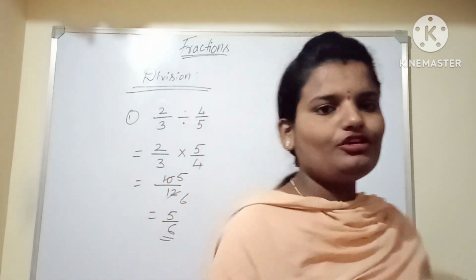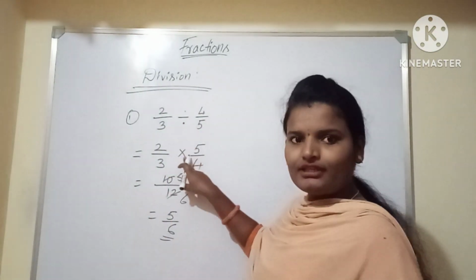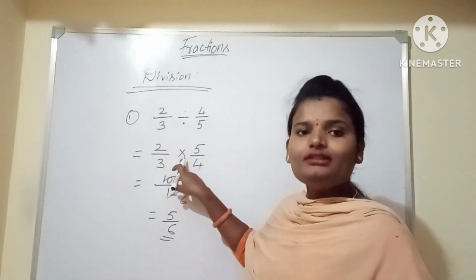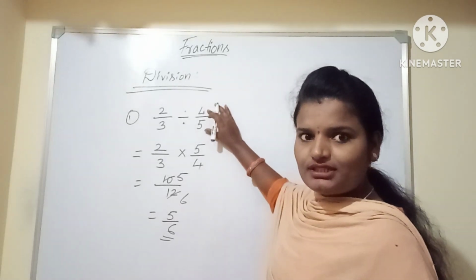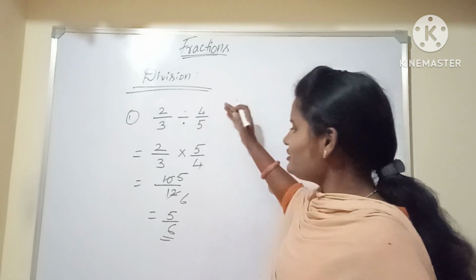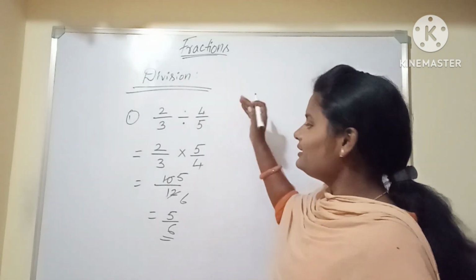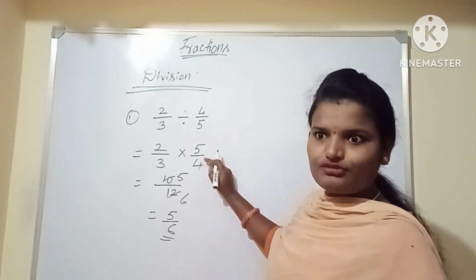Here one thing you have to remember: when we are changing the operation from division to multiplication, we have to take the reciprocal of the second fraction.